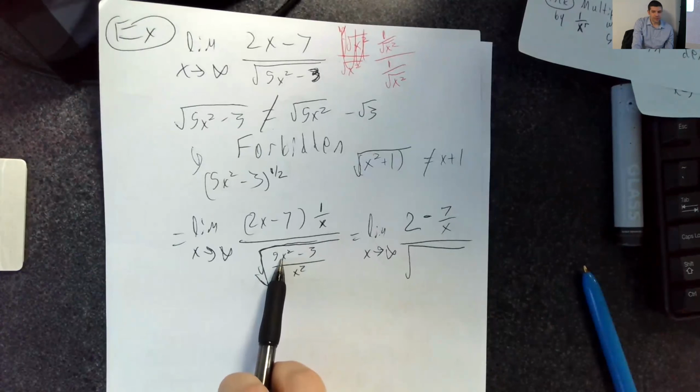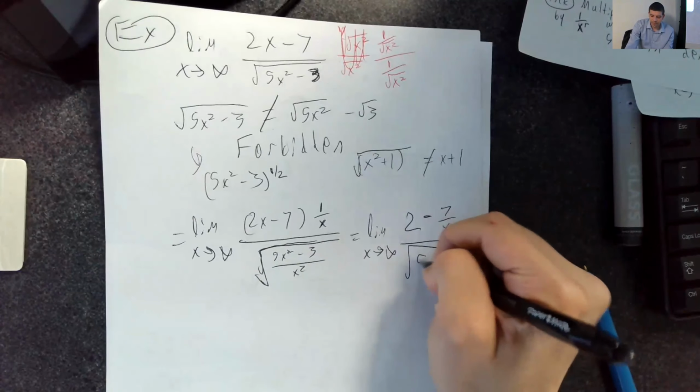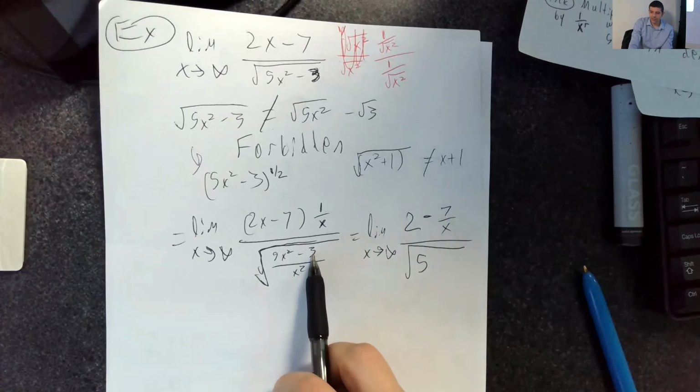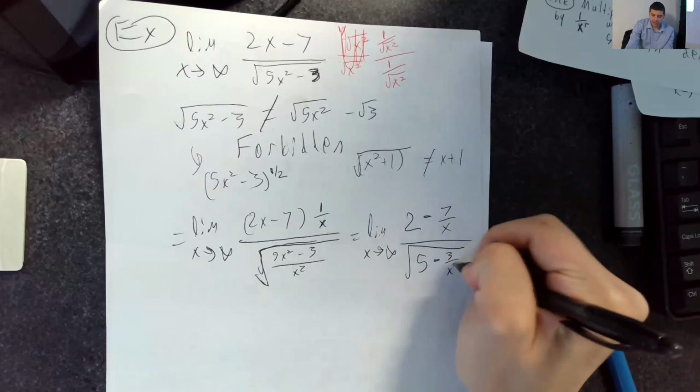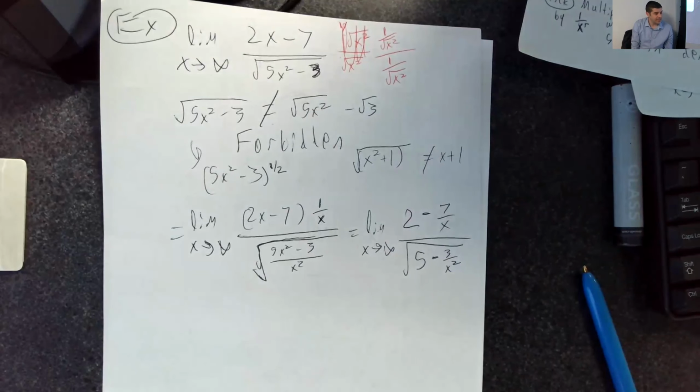Now I could do both pieces. 5x squared divided by x squared is 5. And then I also have to do the second piece. Many students forget to do the second piece. Minus 3 over x squared. That's the algebra. Okay. I haven't even started any limit, right? All I did was simplify.